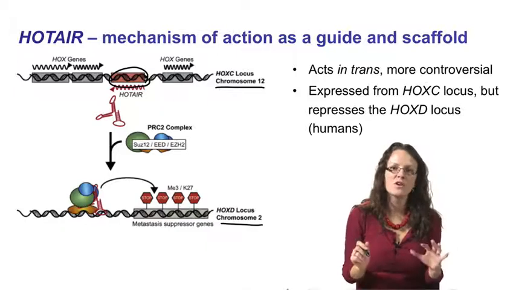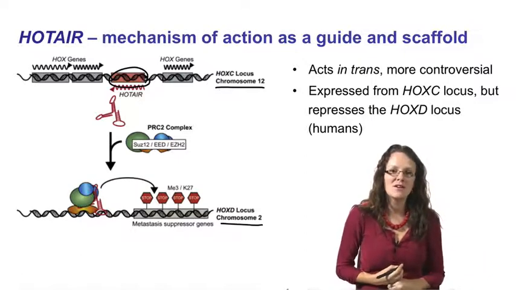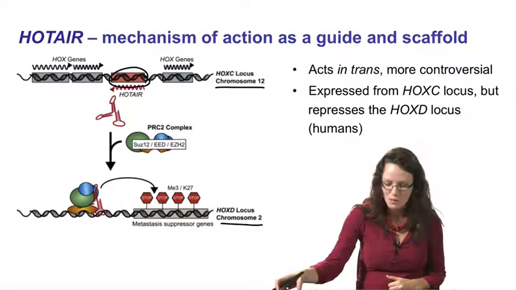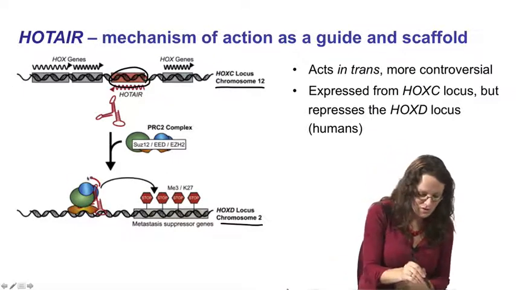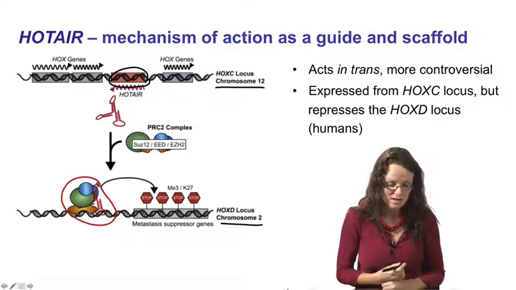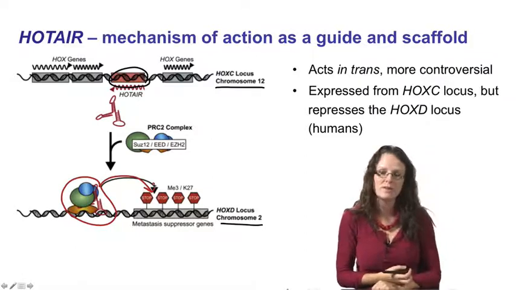But then it doesn't work on the same chromosome. It doesn't work in cis like Xist did, but rather it acts in trans. And this is extremely controversial. But if we believe that it acts in trans, then what it does is it binds to PRC2, similarly to how we discussed for Xist, and PRC2 can lay down the methylation mark.